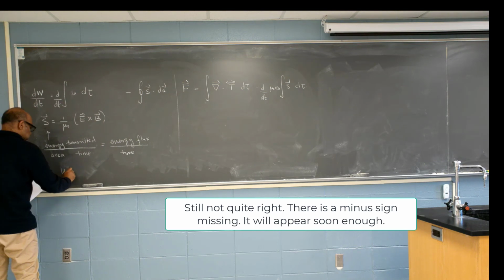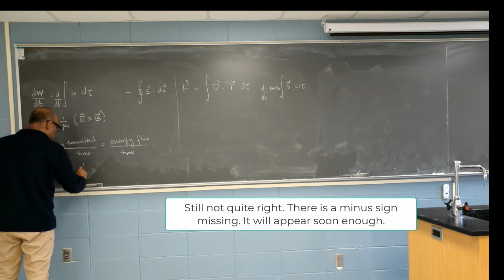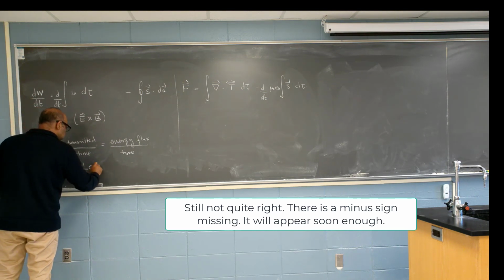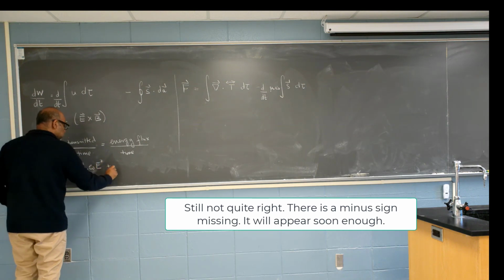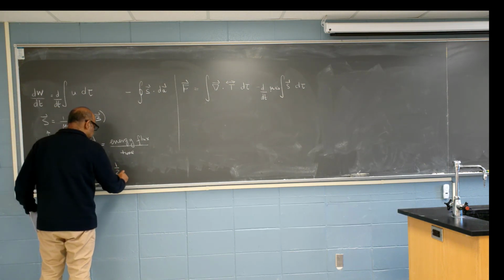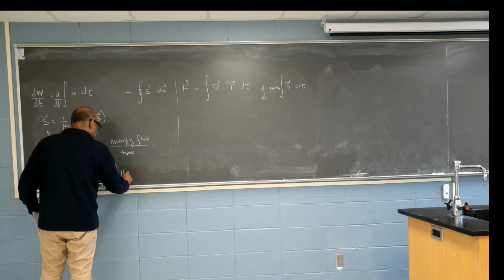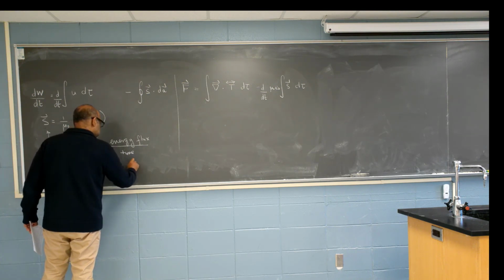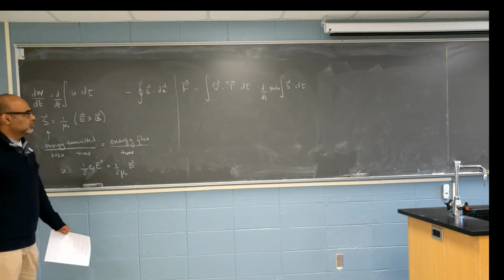Where U equals 1/2 epsilon naught E squared plus 1/2 mu naught B squared. This is what we have.